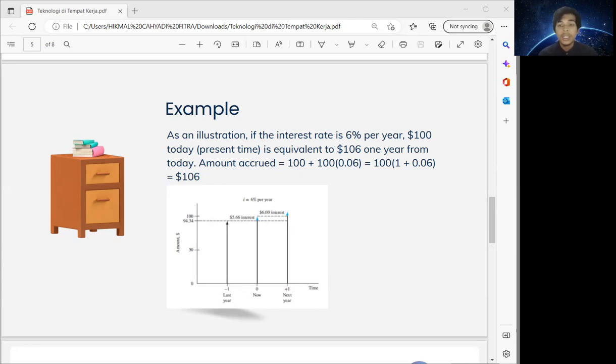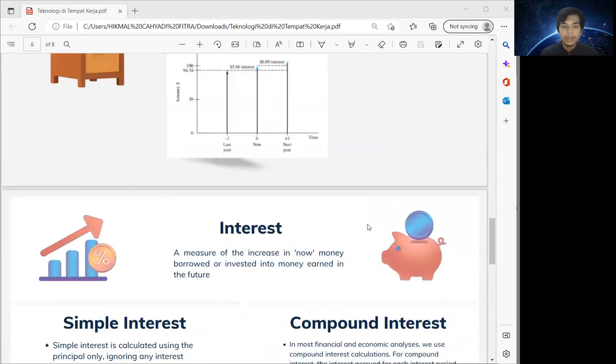From this illustration, we can state the following: last year is $94.34, now is $100, and the future is $106. These are equivalent at an interest rate of 6% per year. The cash flow diagram indicates the amount of interest needed each year to make these three different amounts equivalent at 6% per year.